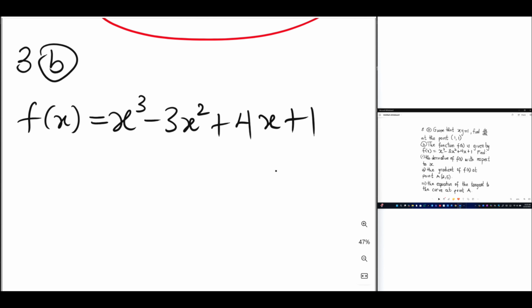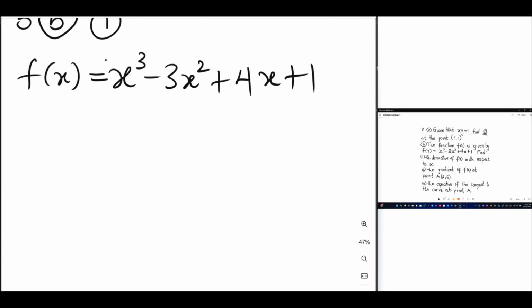You have to find the derivative of the function f of x with respect to x. That is part i. It says we should find the derivative of the function f of x with respect to x.